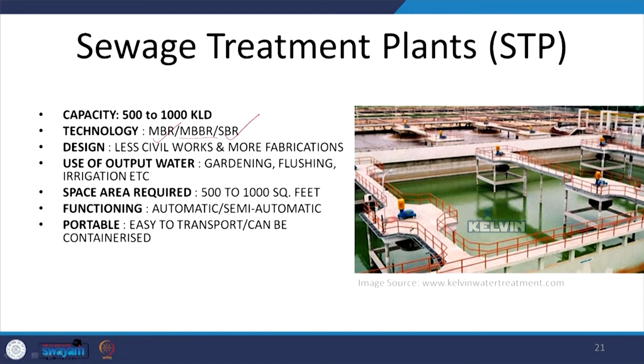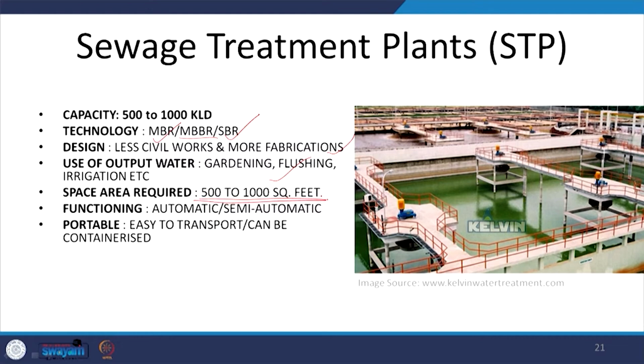MBBR is a common type of STP which can be increased in size, multiplied in its volumes. Again, it requires less civil work, but more fabrication. The water can again be used for gardening, flushing, irrigation, etc., but it requires relatively more area.